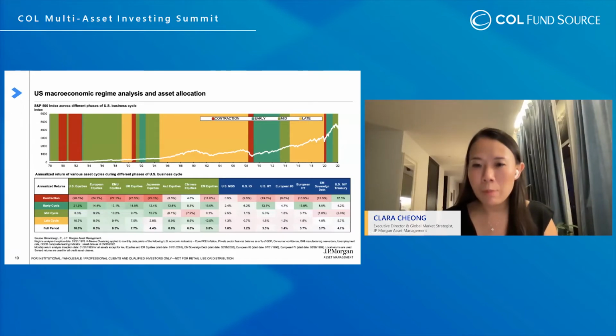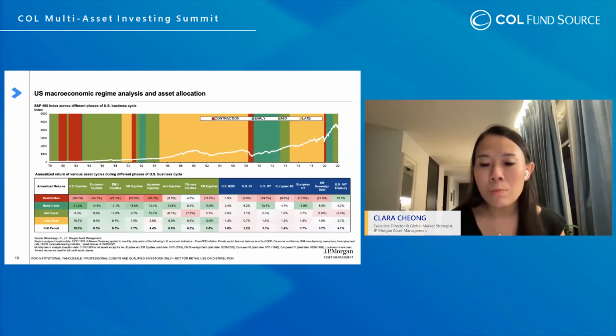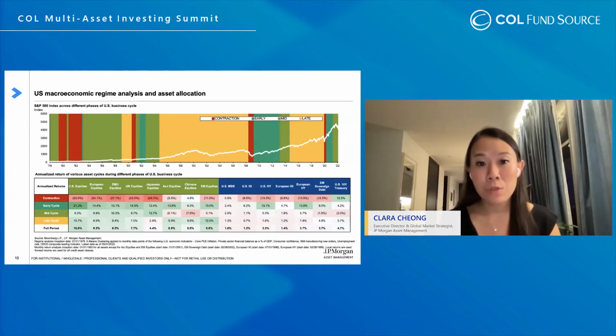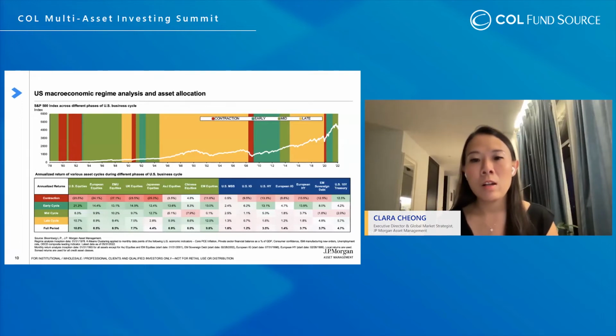Hopefully we are able to avoid a contraction, but even if we do not, if we can use history as a guide, the table in the second half of the page below should give us a pretty decent idea of how these different asset classes can perform across these different macroeconomic regimes. You can see that in late cycle, on average, equities can still generate positive returns. If you look over to the right-hand side, credit spread exposures typically are a little lower in terms of absolute return.